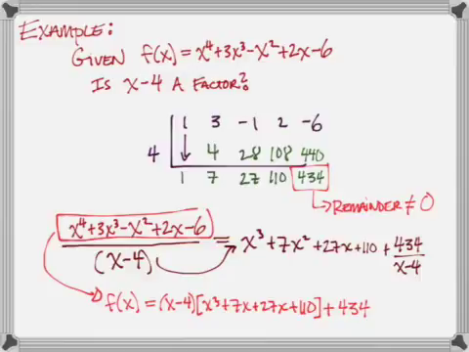But if I plug in 4, f of 4, what's this piece going to go to? 0. And 0 times anything is 0. So I'm left with f of 4 is 434. That is the remainder theorem.